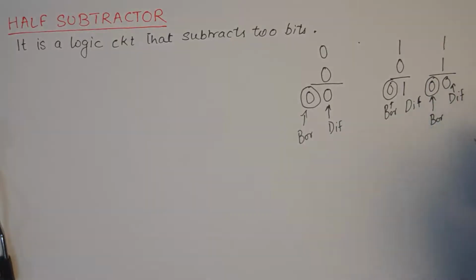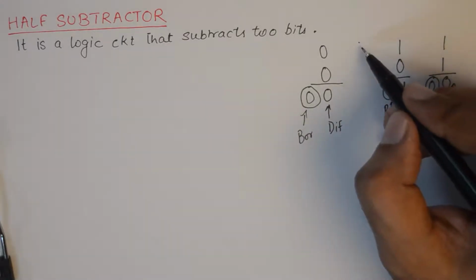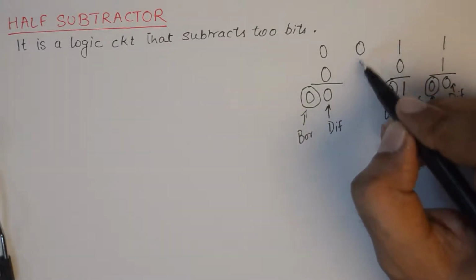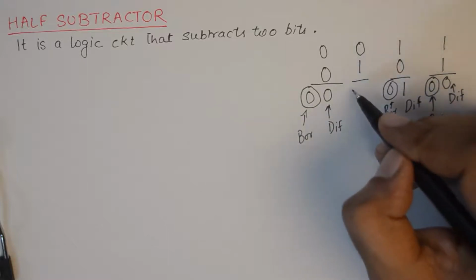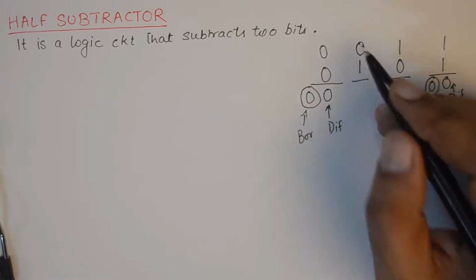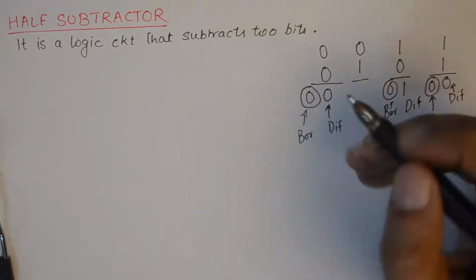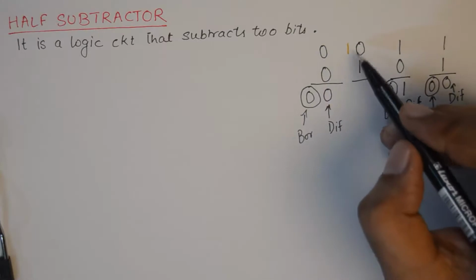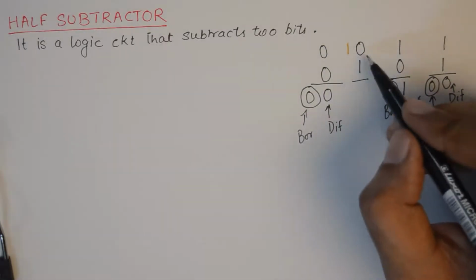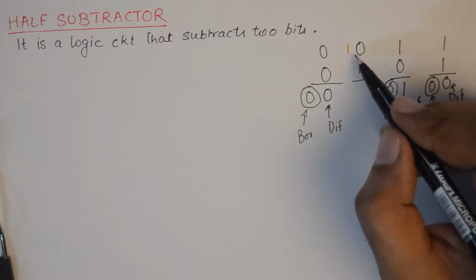But there is this last case where we wish to subtract a 1 from a 0. In this case we'll need to take one borrow here. So this borrowed 1 will make it 2.